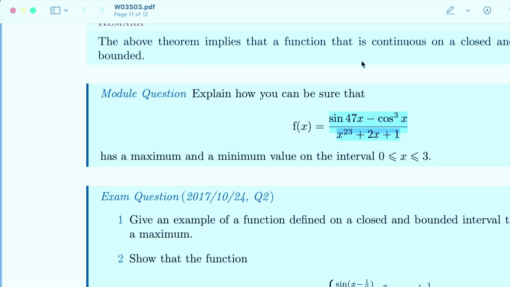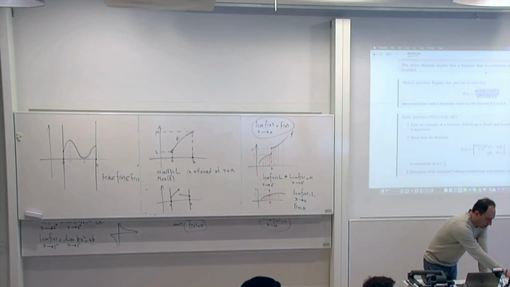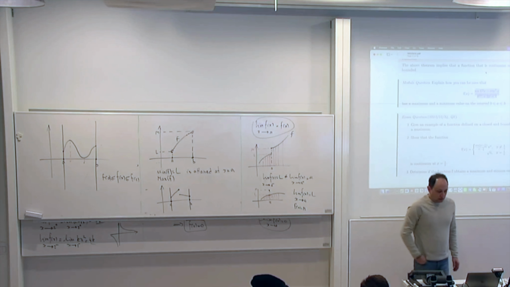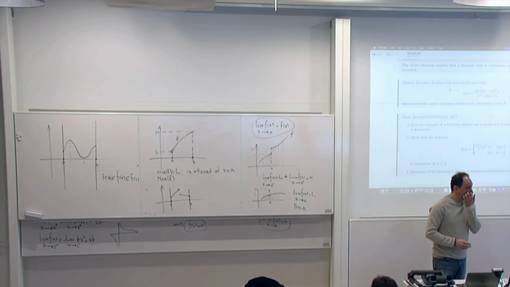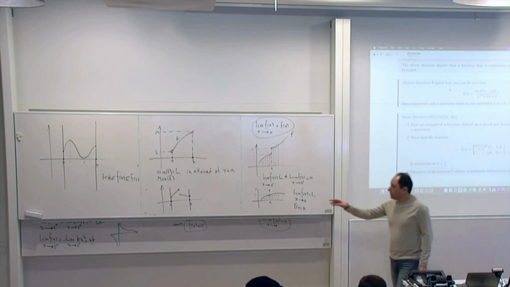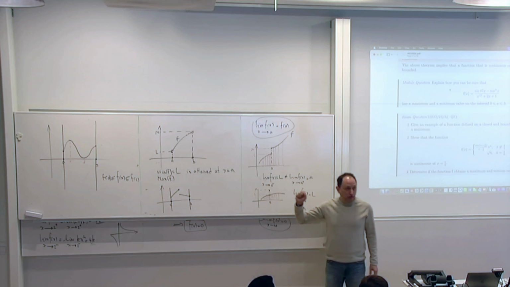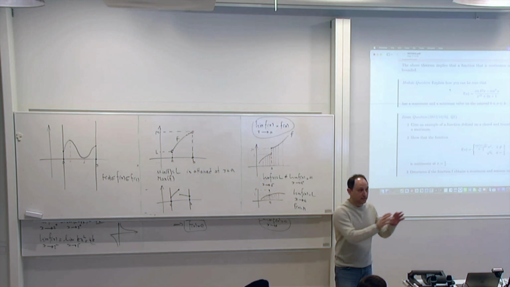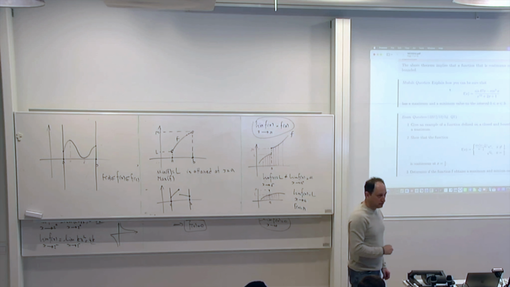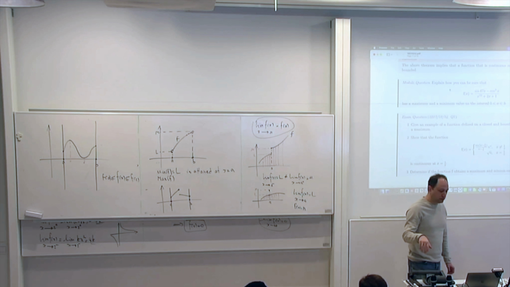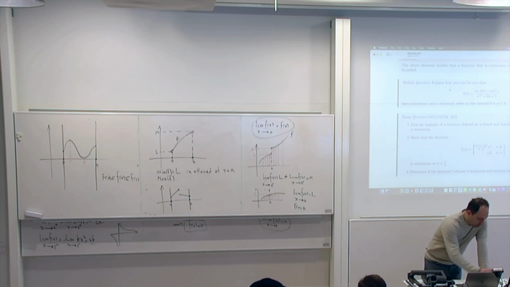Question: if we did not have the +1, then how would we explain it? In that case, it might be true or might be false. By the way, I am not saying that if you relax those conditions, it is guaranteed that there is no max or min. But I'm saying that if you have both, it is guaranteed to have max and min. If you take that one off, I can see that there is no max. Can you see why?